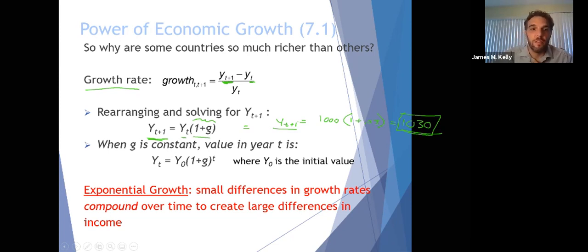Well, if the growth rate is constant, let's say it's constant at that 3%, then we can find what the value of a variable, real GDP in this case, is going to be in any time period. So just say Y_t is the value at the current time, as in today.